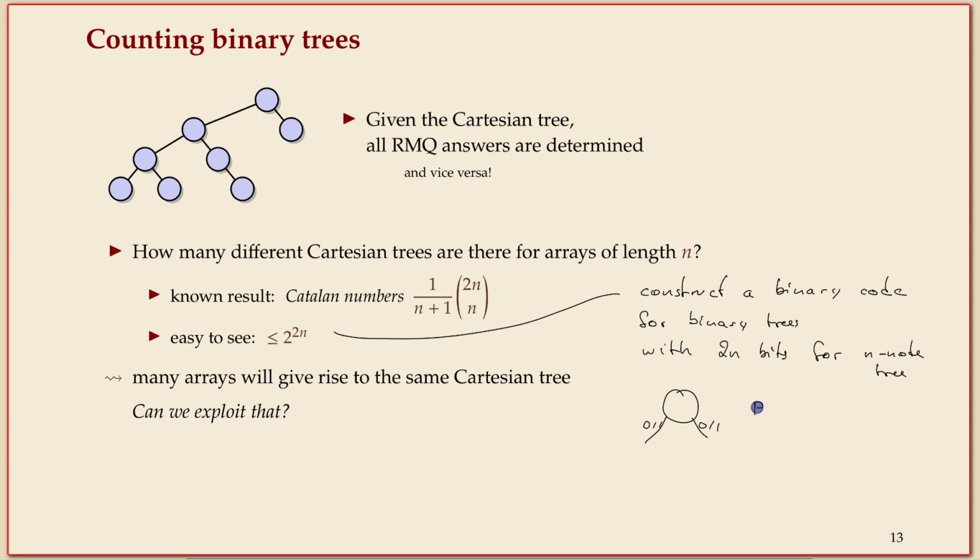So we do a pre-order traversal of the tree, and we store 2 bits: whether it has a left child and whether it has a right child.